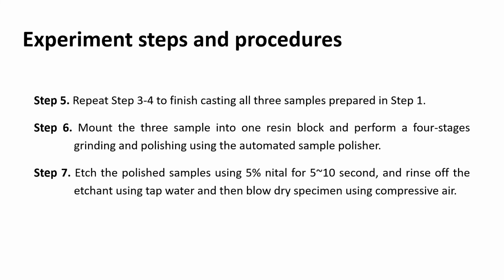Step 6, mount the 3 samples into 1 resin block and perform 4 stages of grinding and polishing using the automatic sample polisher. For step 7, etch the polished samples using 5% nital for 5 to 10 seconds, rinse each sample using tap water, and then blow dry the specimen using compressed air.